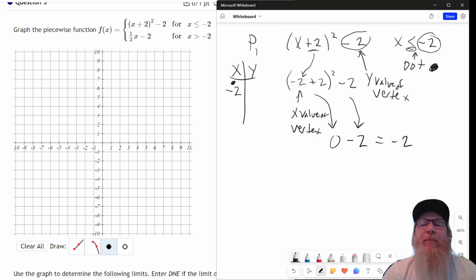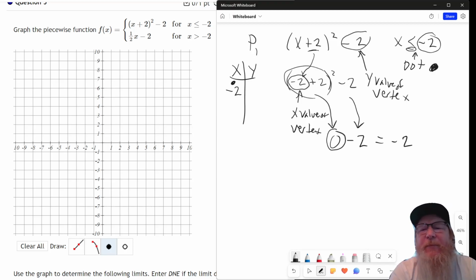And that always happens. Whenever you have a parabola or quadratic function in this vertex form, when you plug in the opposite of this value, so we sometimes call this value h, and so this is -h, the inside of the parentheses always zeroes out, and it just gives you the y value, which in this case is also -2.